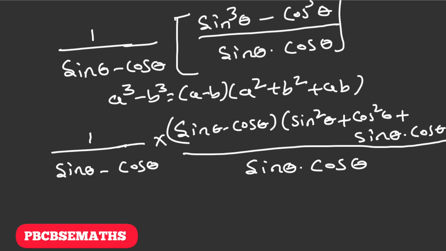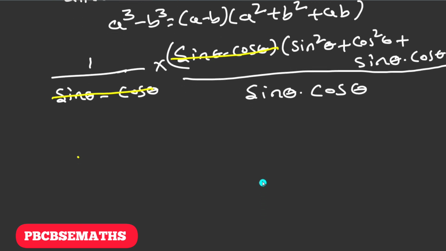Here in the numerator and the denominator, we can cancel this sine theta minus cos theta and sine theta minus cos theta. Then 1 into this entire term gives us sine square theta plus cos square theta plus sine theta into cos theta. So let's write that.